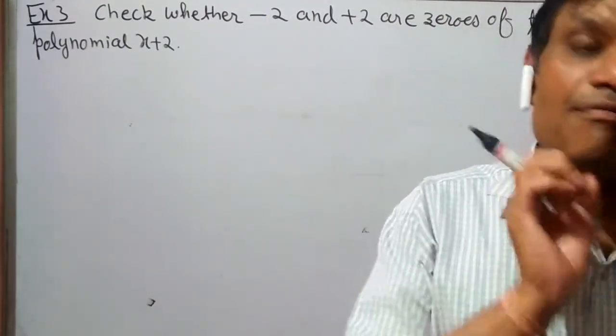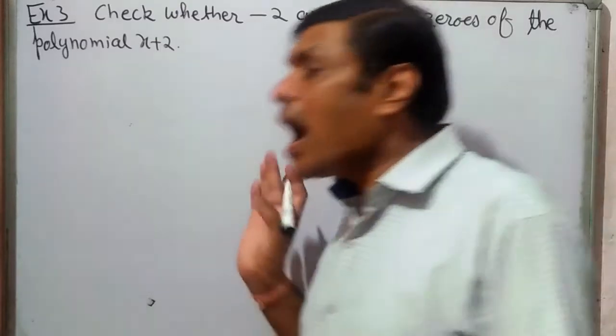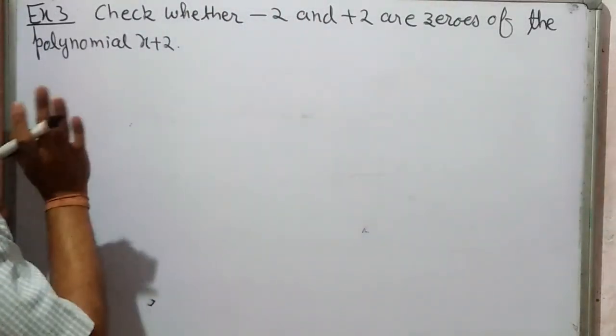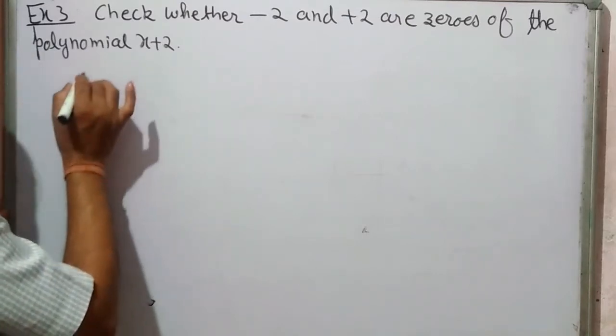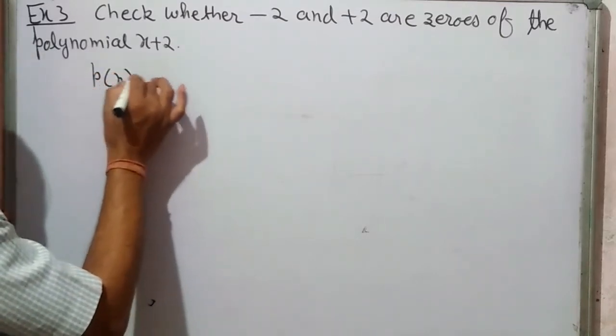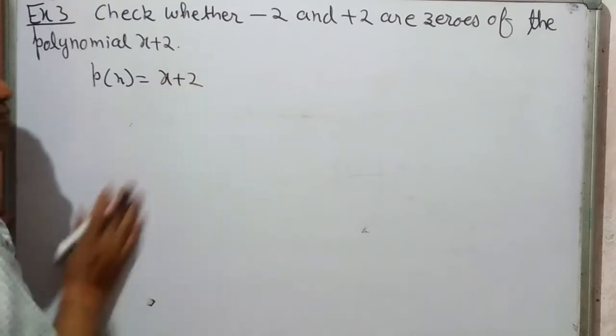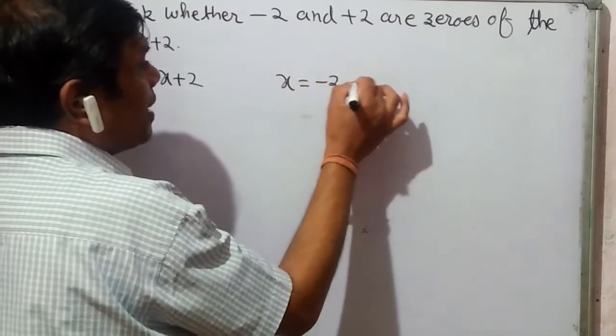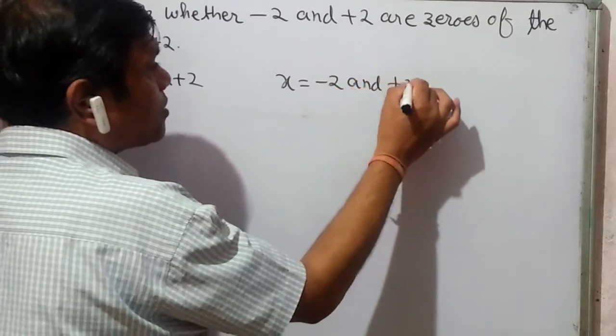Here we are given the polynomial p(x) is x plus 2, and the values of x are given to be minus 2 and plus 2.